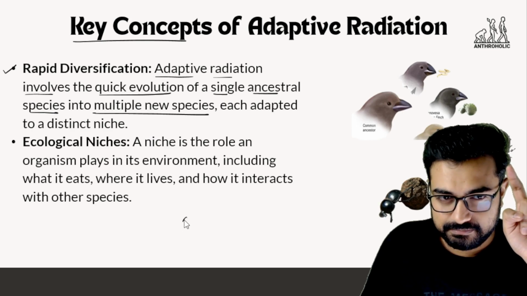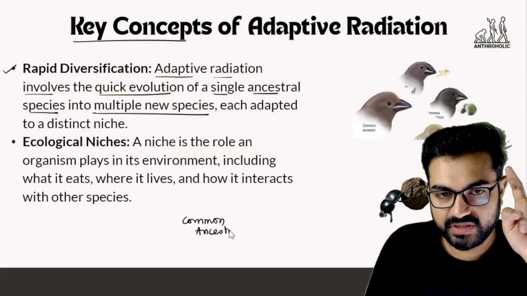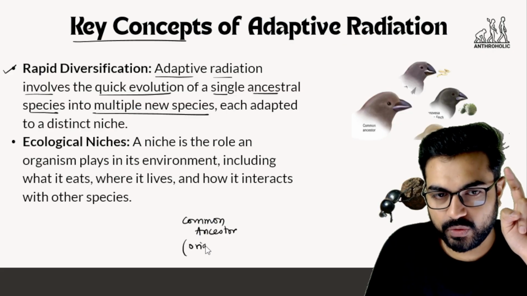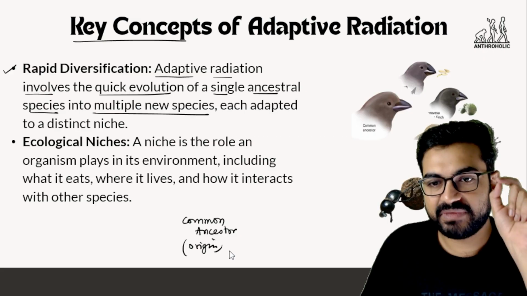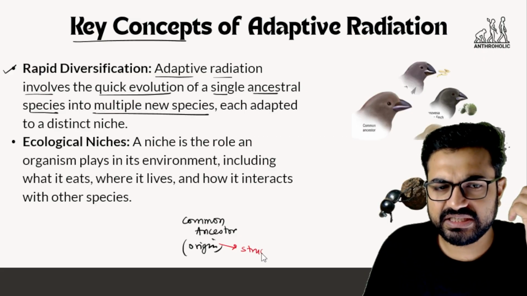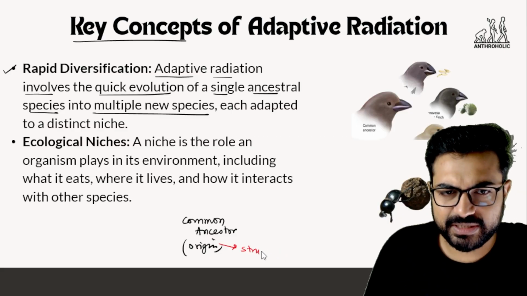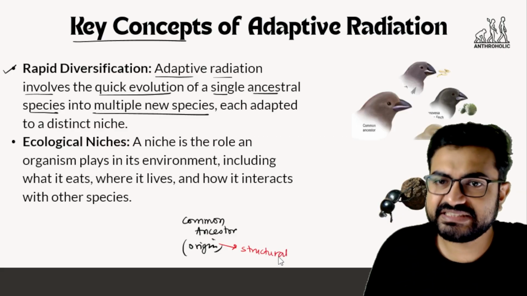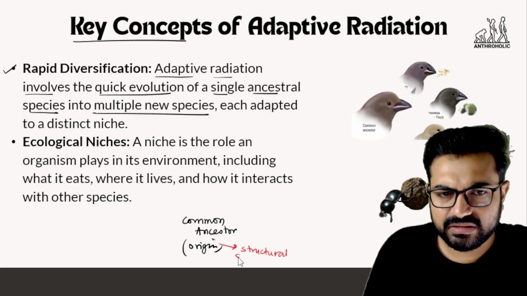Now, as we know, there is a common ancestor, which means there is a common origin, and common origin suggests that there is some structural similarity, or let's say genetic similarity. There will be a significant genetic similarity.